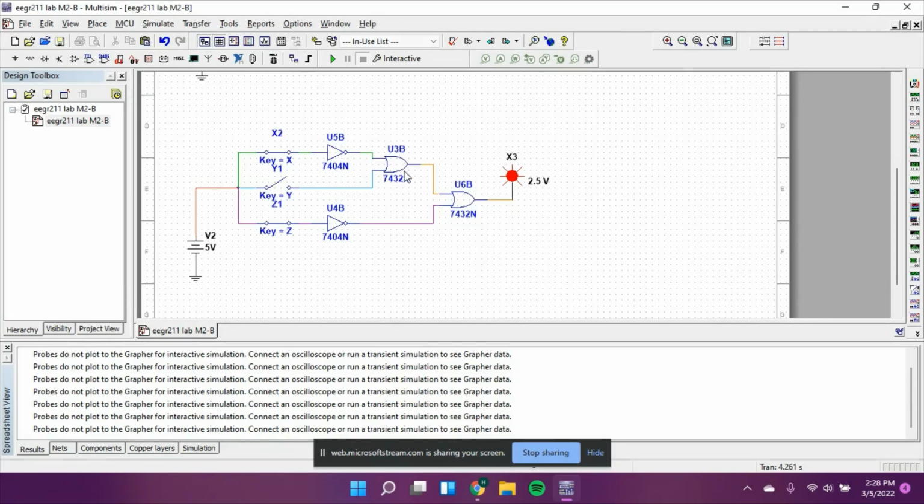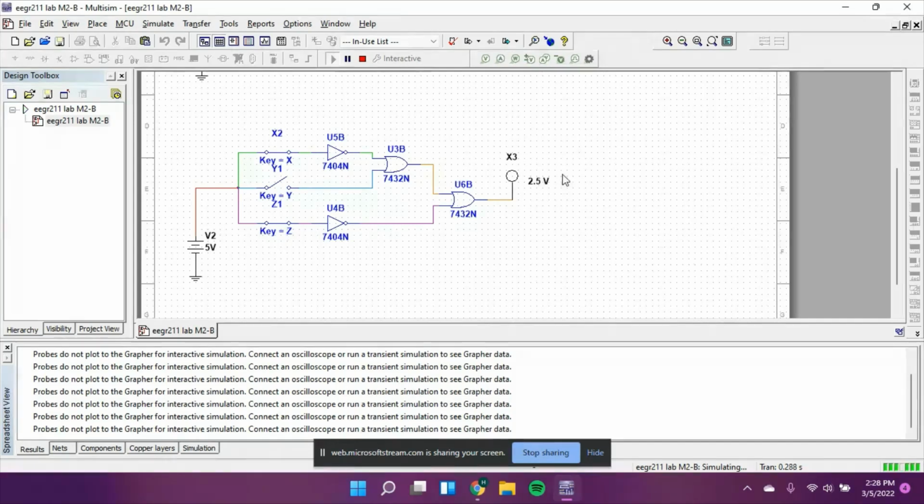So here we add x naught and y, and here we add x naught, y, and z naught. And this should be the same as our truth tables and as the last simulation. If x and z are both equal to 1 and y is equal to 0, then this should be off. And for every other input, the light should be on.